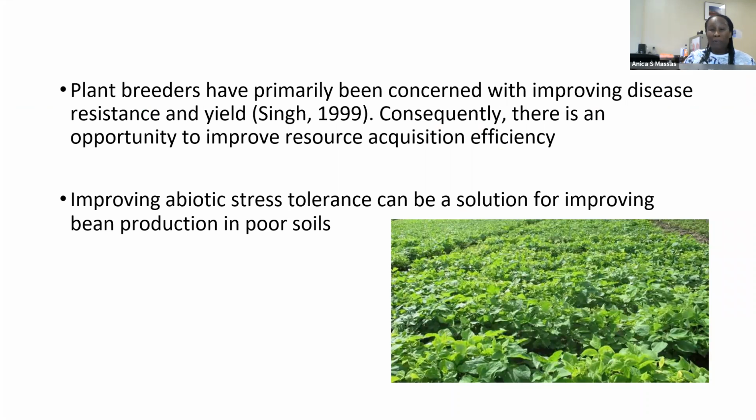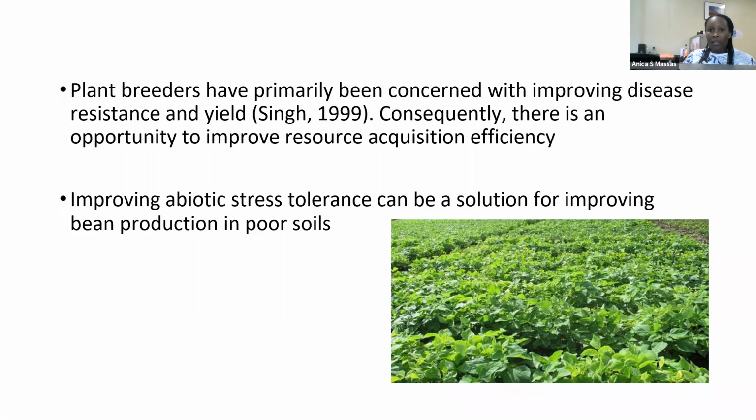So breeders are more focused on improving disease resistance and yield, but they have a lot of opportunity to improve stress tolerance or resource acquisition efficiency. Improving abiotic stress tolerance can be a solution for improving bean production in poor soil and help small farmers to improve their yield and income.